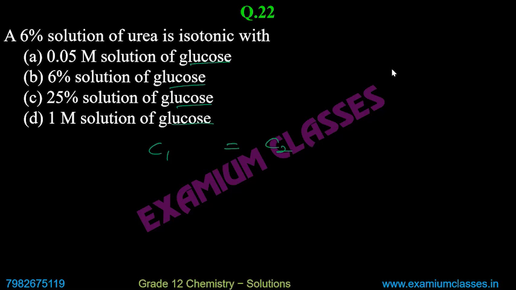That's what you have to do. Ashi, correct. Calculate the concentration of 6% solution of urea. 6% solution means in 100 gram, you have 6 grams urea, and urea molar mass is, I think, 60. Yes, 60.